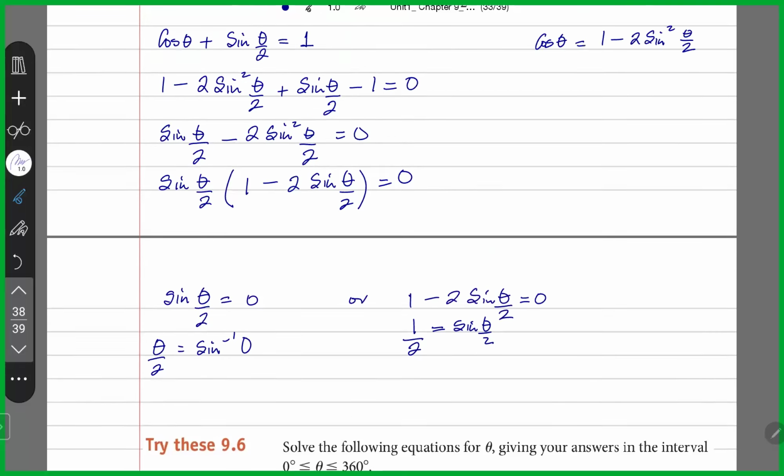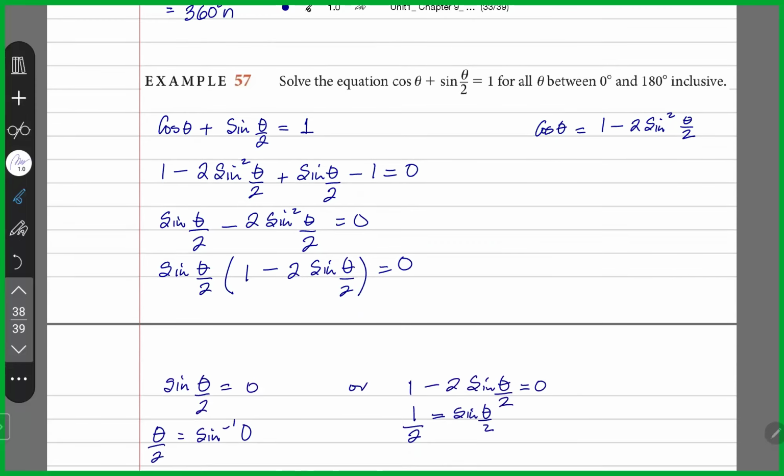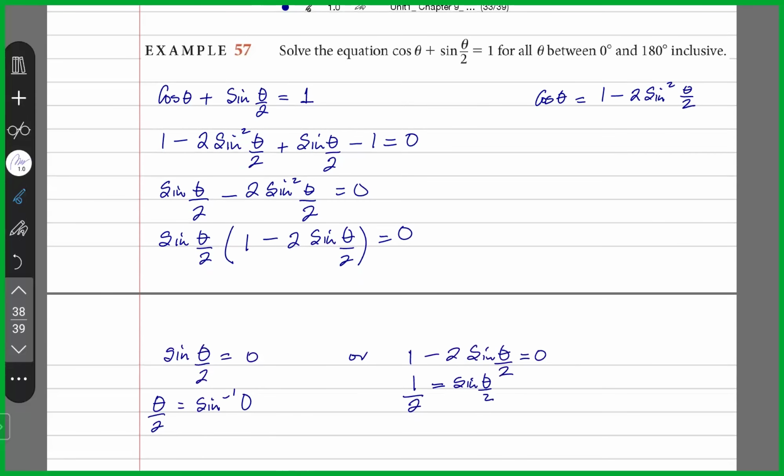Now, please note that the examiner says he wants answers between 0 and 180 degrees inclusive. It's the mere fact that he says that, I know I can only use answers in the first quadrant, because in order to find out what theta is, I'm going to have to multiply by 2.